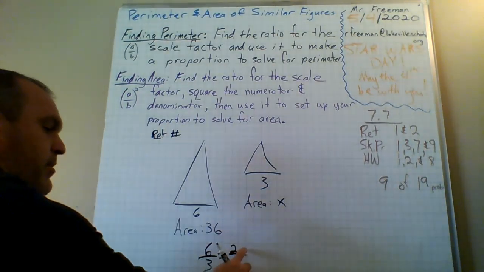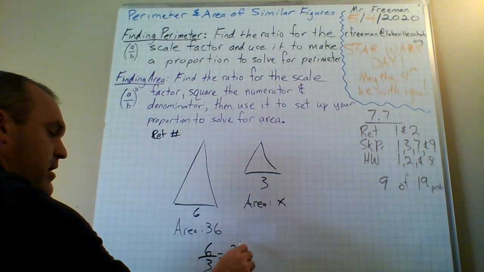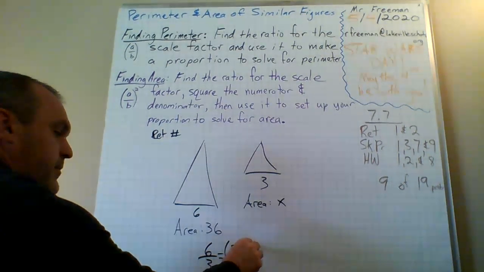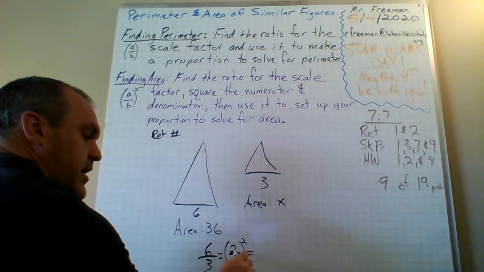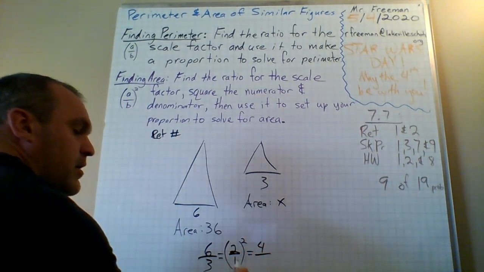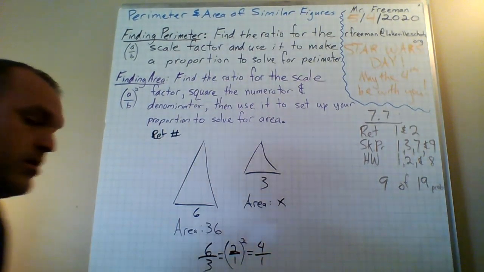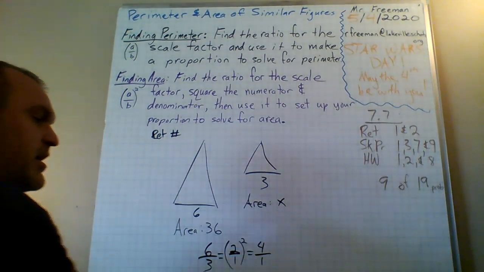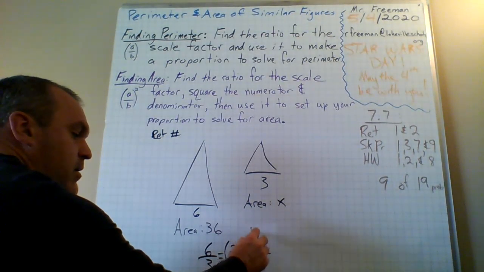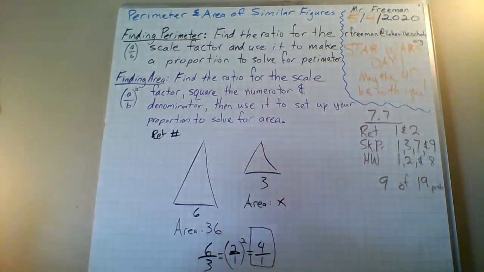Now we got to remember, and I almost forgot, once we get our scale factor, we have to square it. Which makes it so that 2 squared is 4, 1 squared is 1. So our scale factor that we're going to use, our a over b now, is this 4 over 1.